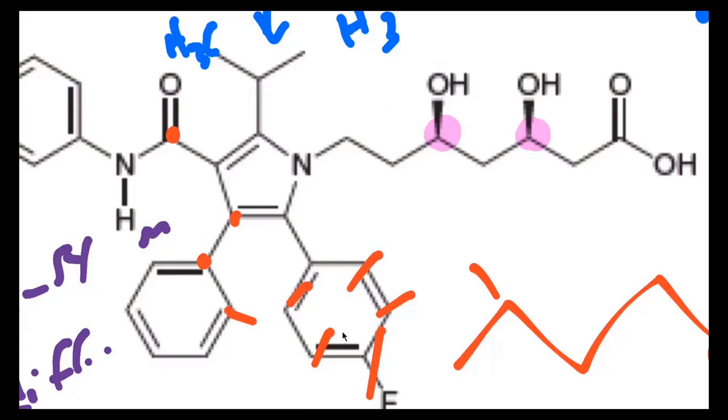Sulfur can be chiral. Silicon can be chiral. It just has to meet those criteria: non-superimposable mirror images, 4 different groups, sp3 hybridized and non-symmetrical. If the atom meets those 4, then it's going to be a chiral center.